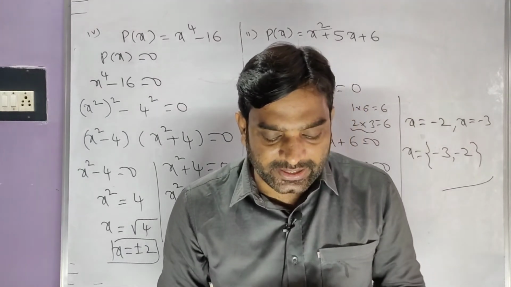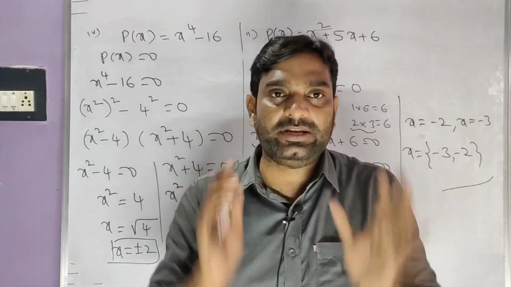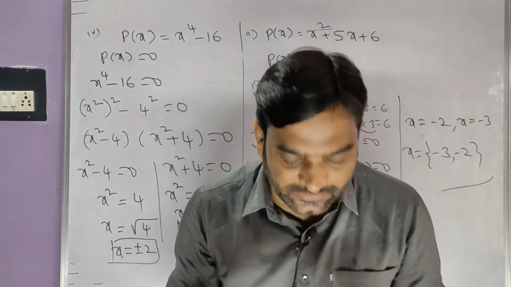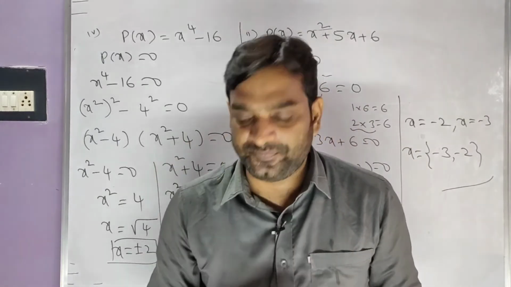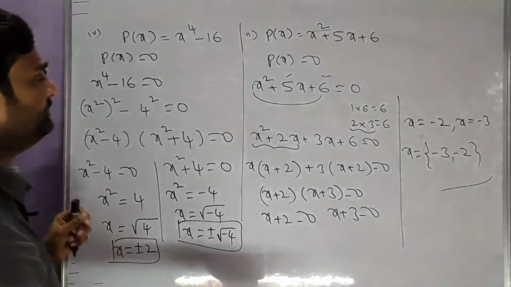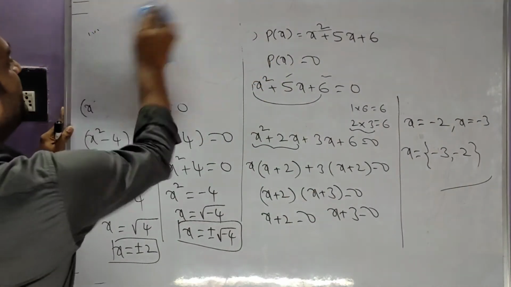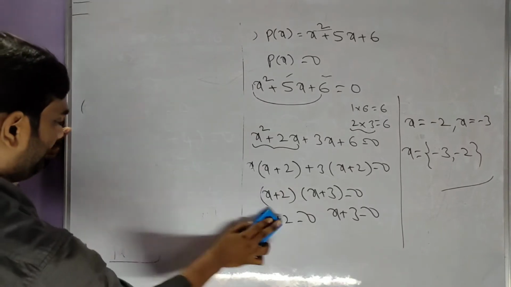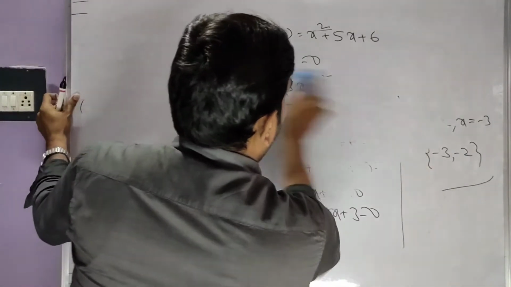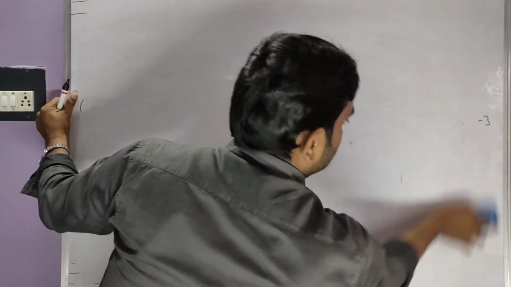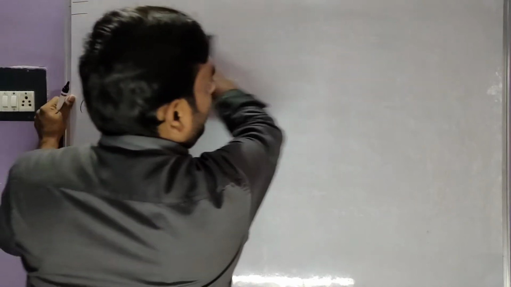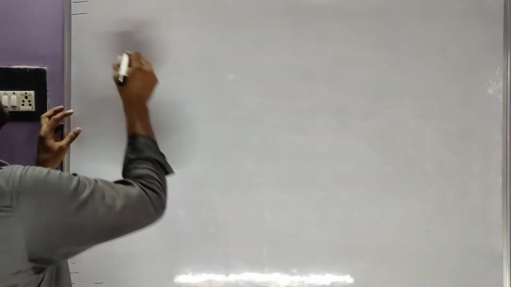And next, third bit: draw the graph. Very, very important. Draw the graph for the given polynomials and find the zeros by the graph. Let me try one problem. The problem is p of x equal to x square minus x minus 12.